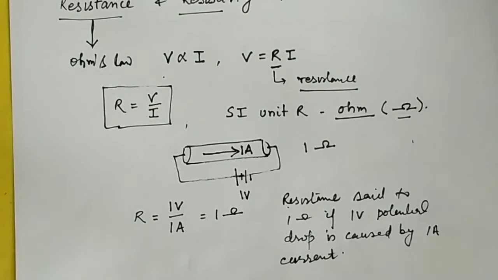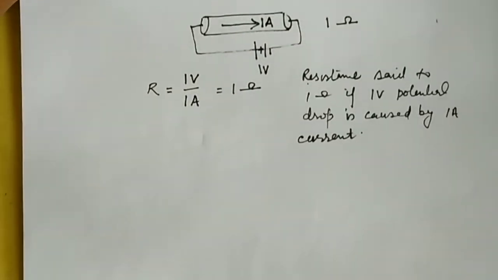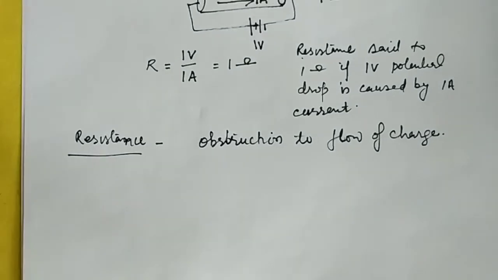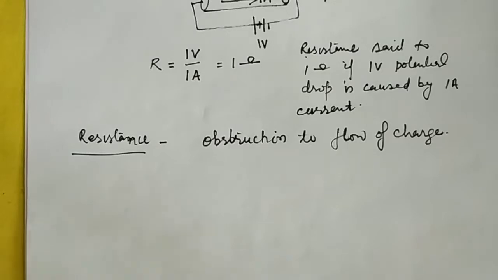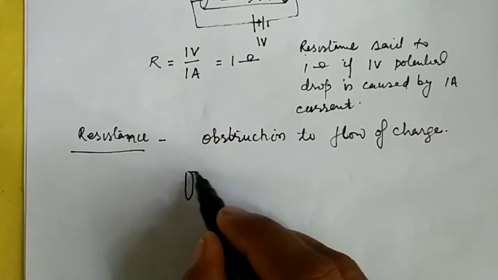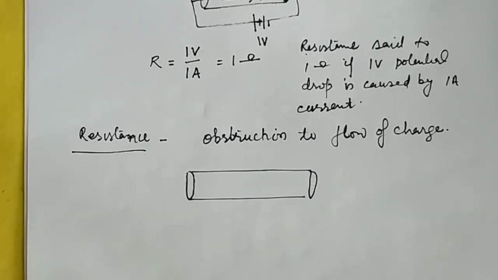Now let us discuss more about the resistance. What is resistance basically all about? Resistance is basically the obstruction to the flow of charge. We know that the path of an electron in a conductor is random in nature.